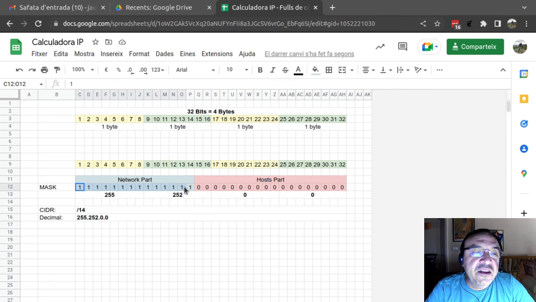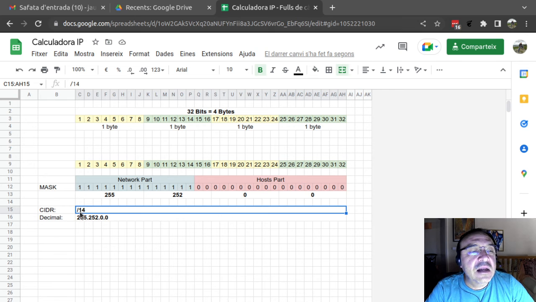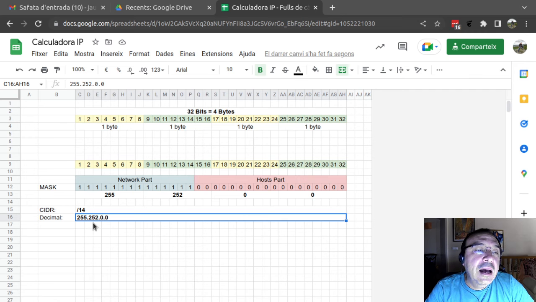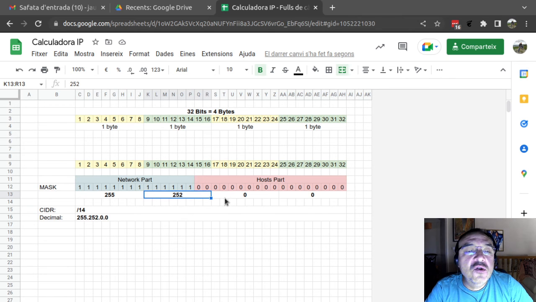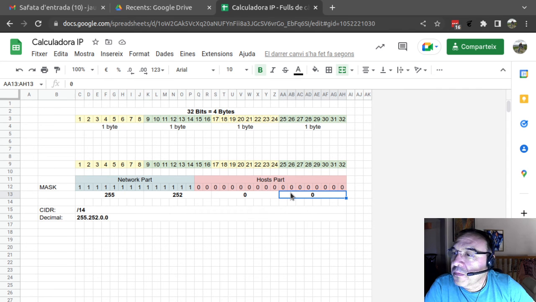One is the CIDR, which is just counting the number of ones. So in that case it will be slash 14, because you have 14 bits in the network part. And the decimal way of expressing the mask will be grouping those bits in groups of 8, that is in bytes, and putting the value of each byte. That first byte is 255, that second byte is just 252, and then the third and fourth bytes have a value of 0. That's how we express the mask.